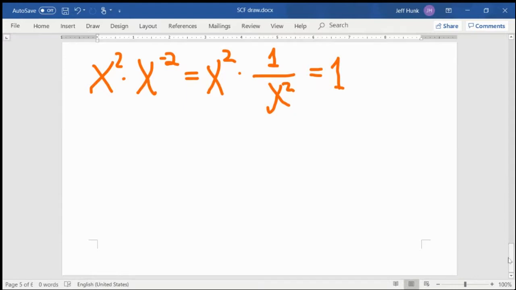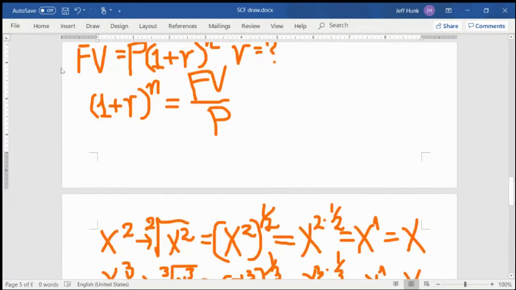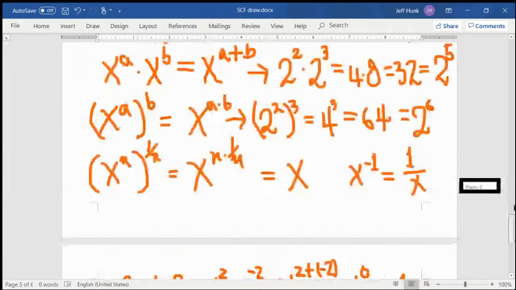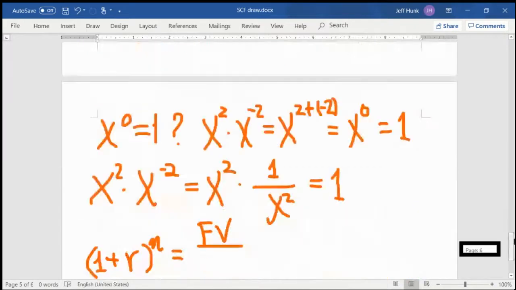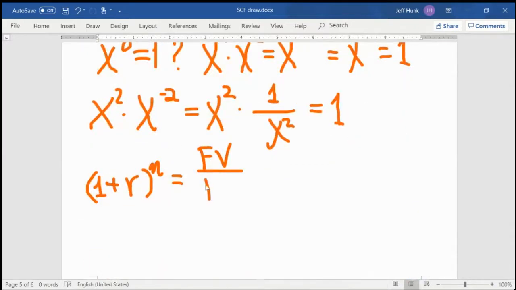So now let's bring ourselves back to this question. We were stuck there. We were able to isolate all the way up to 1 plus r raised to n is FV over PV, or P. You understand P, principal, is also present value, right?